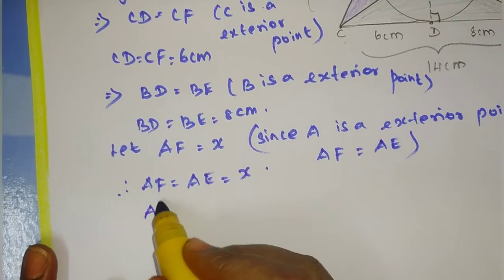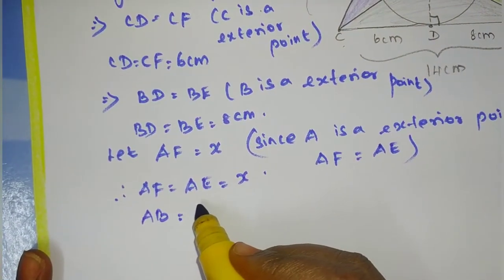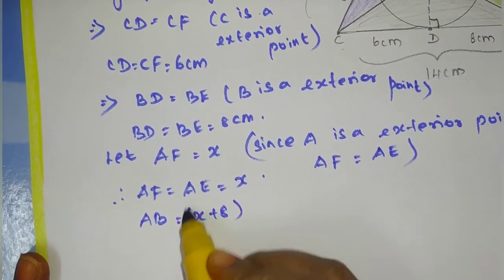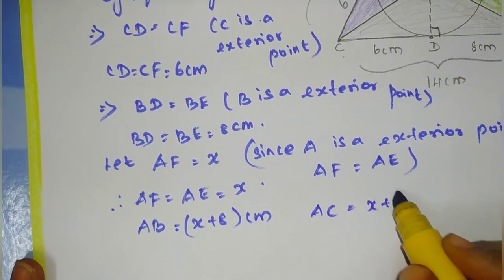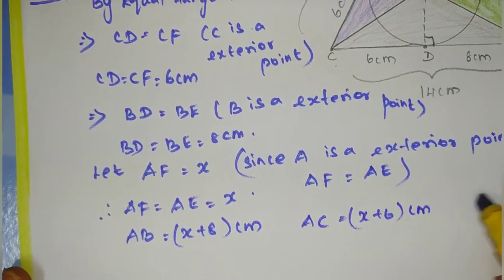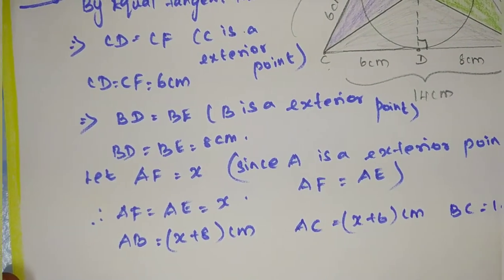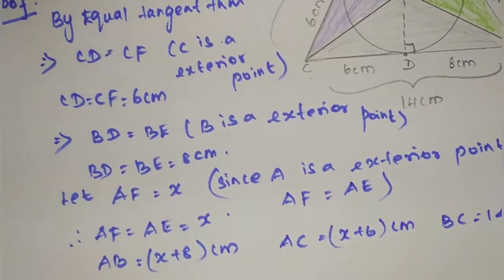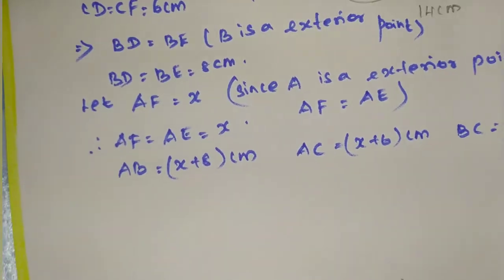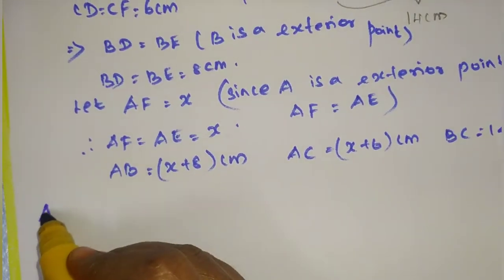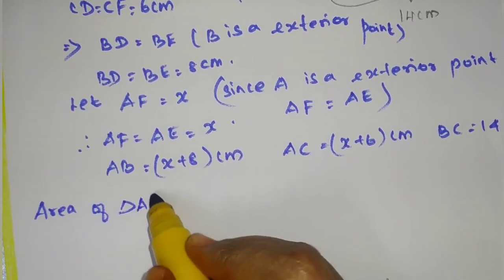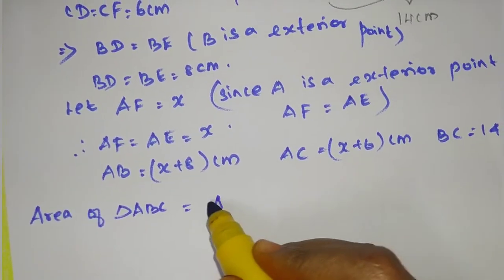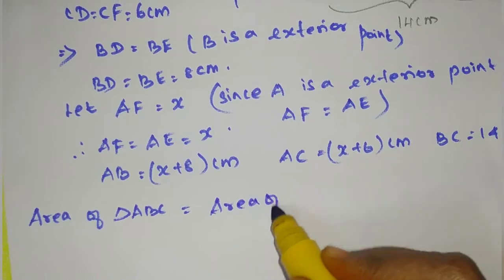So the side AB is equal to x plus 8 centimeter, AC is equal to x plus 6 centimeter, and BC is equal to 14 centimeter. Clear, children?